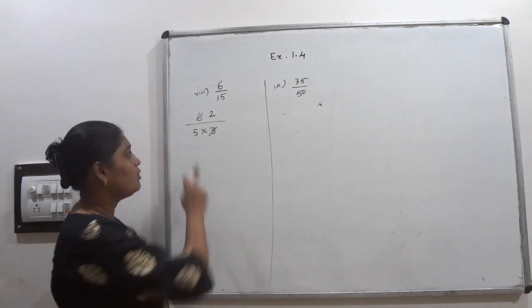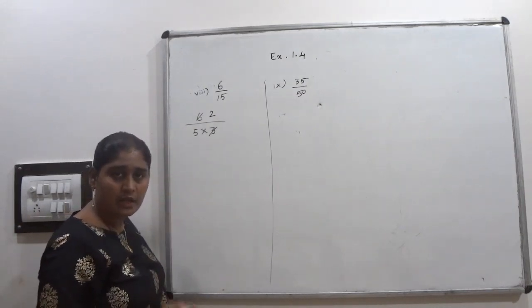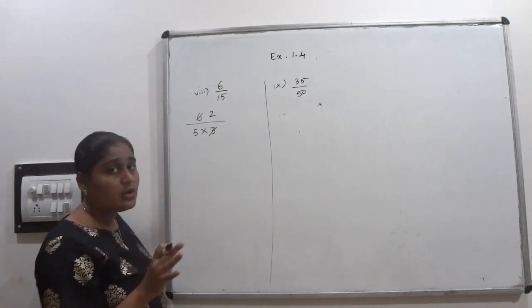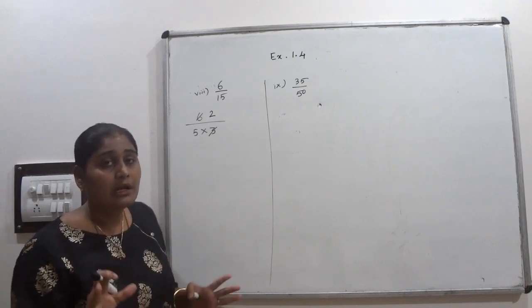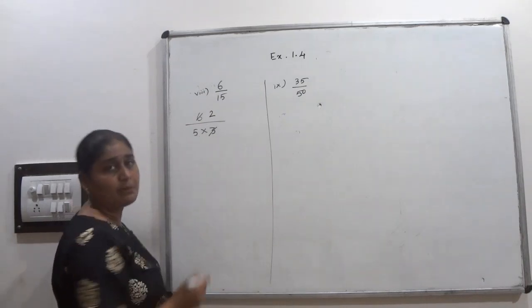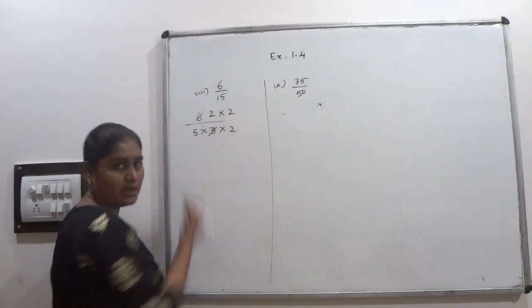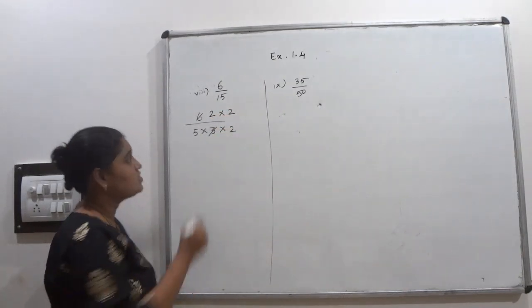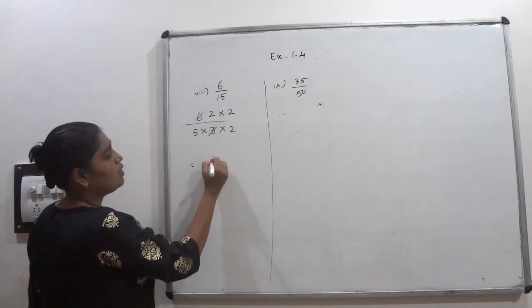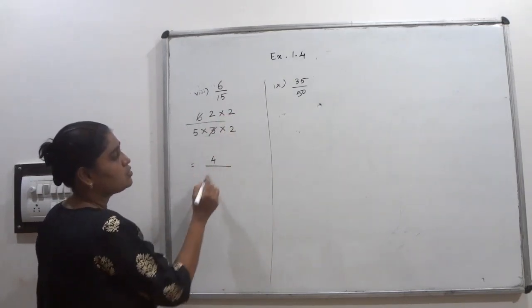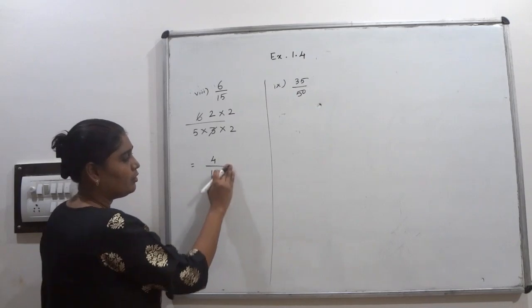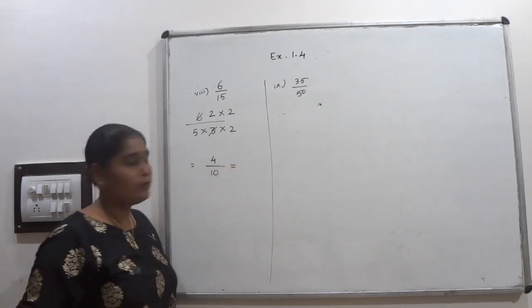2 times. Now you check that only 5 is there in the denominator. I already told you, in the denominator what I need is 10. So I have to multiply 2 in numerator and denominator, so that the value will not be changed. Now 2 into 2 is what? 4. And downside 5 into 2 is what? 10. So easily we can put the decimal point for this one.